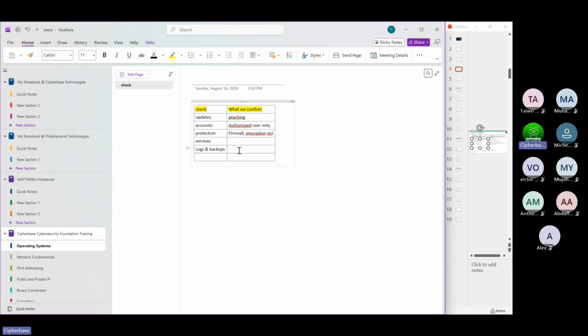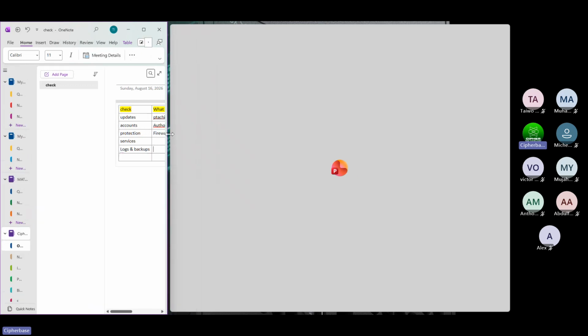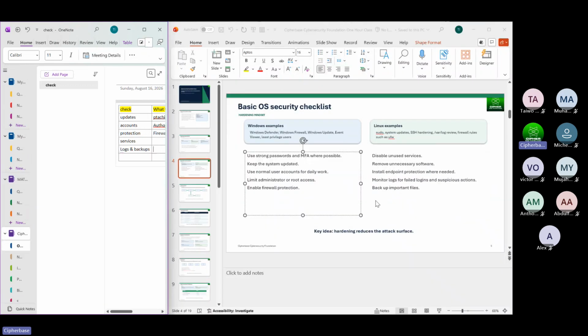We have different ways of backing up. You either buy an external disk or hard drive and back up all your stuff there, or maybe you back it up in a cloud environment. So we have different methods of backing up. These are the things that I want us to understand under this basic operating security checklist before we proceed.